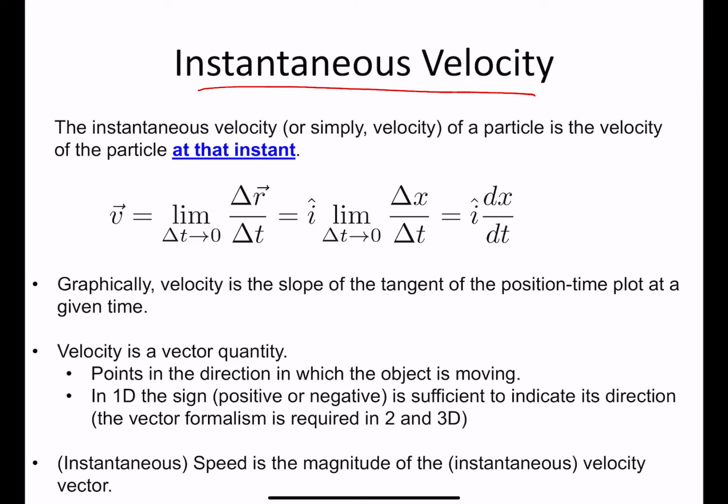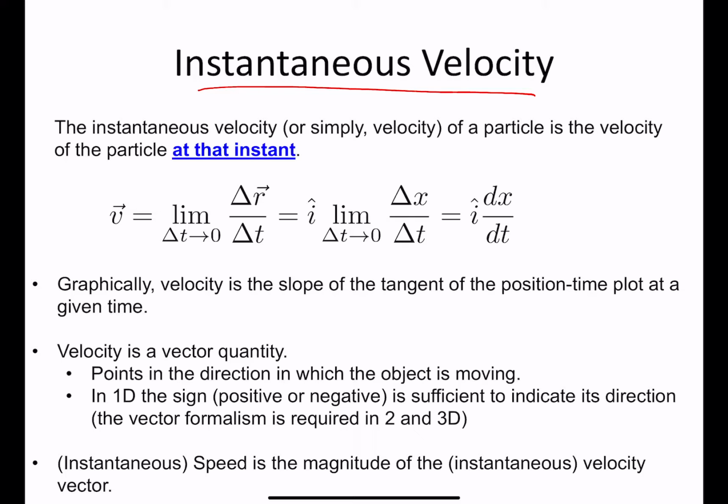What is instantaneous velocity? Now all of you have an intuitive understanding of what instantaneous velocity is. It's simply the velocity of a moving object at one instant in time, right? So, for example, you can think of those traffic lights which measure your speed as you're going through an intersection.